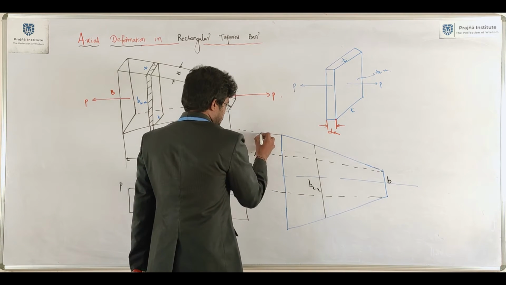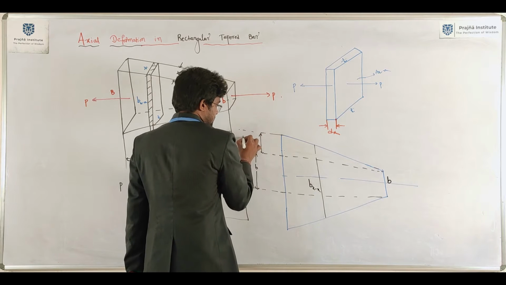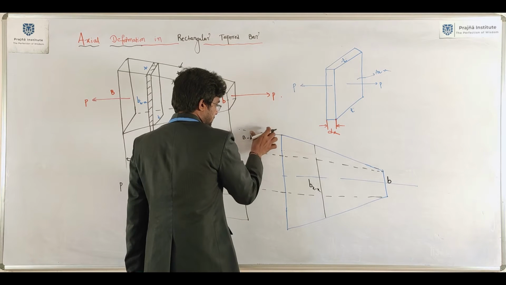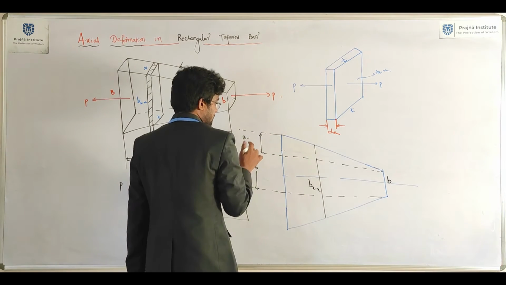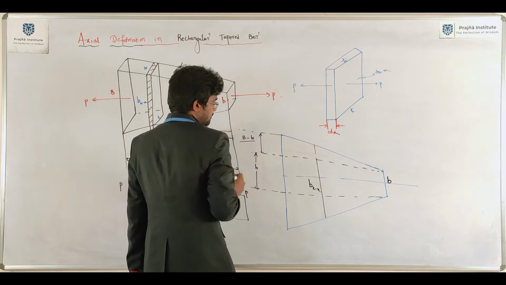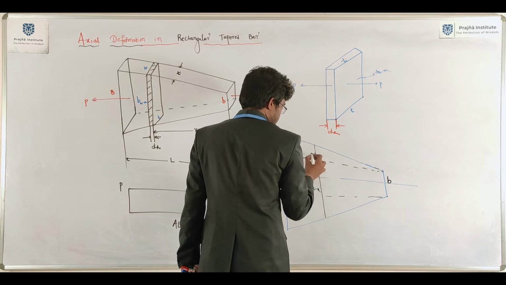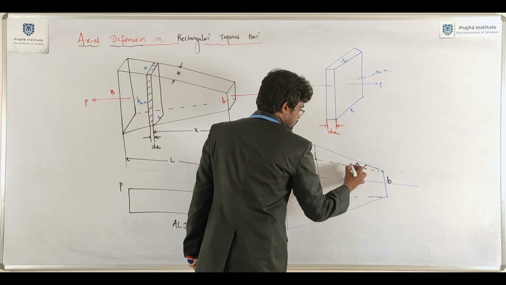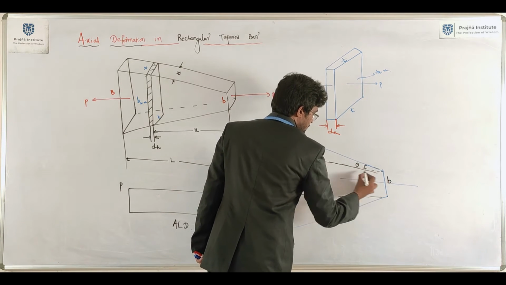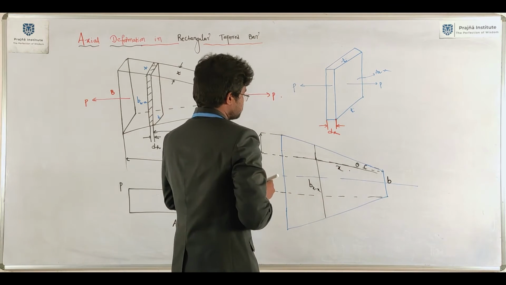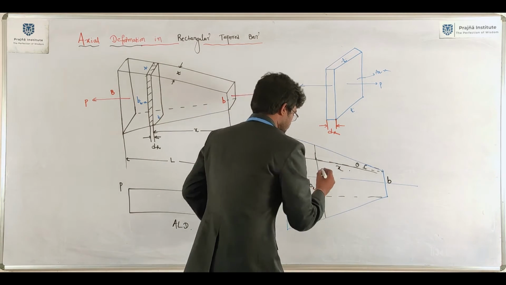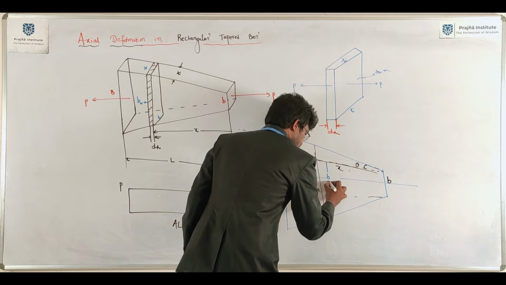From here to here, (B minus b) by 2. It is theta, of course. From here to here it is x. Then here to here it will be b.